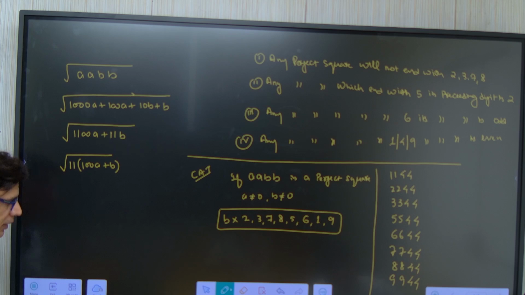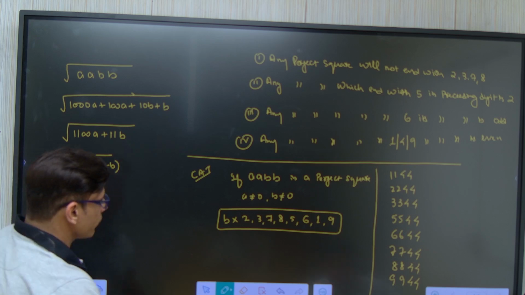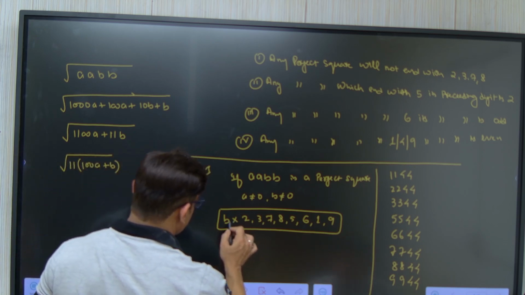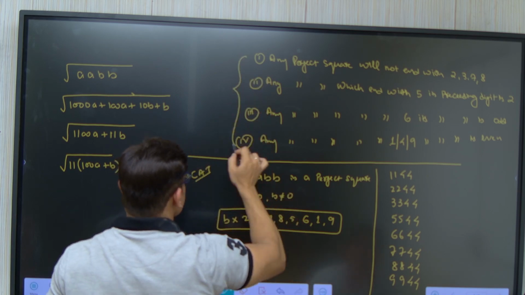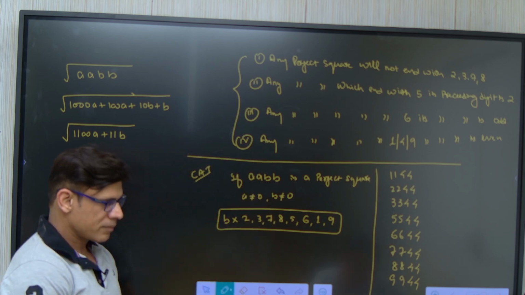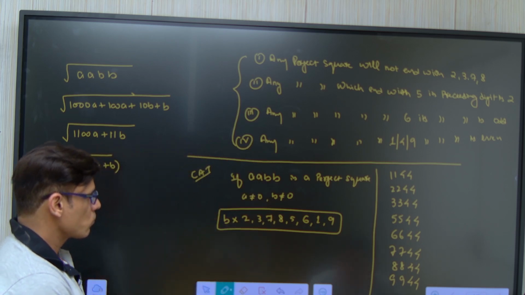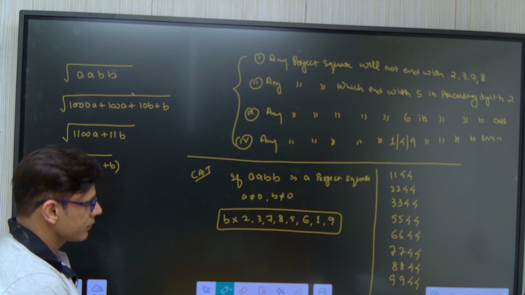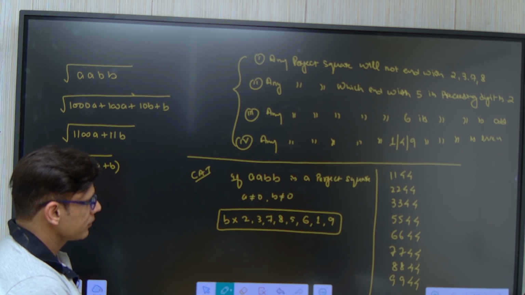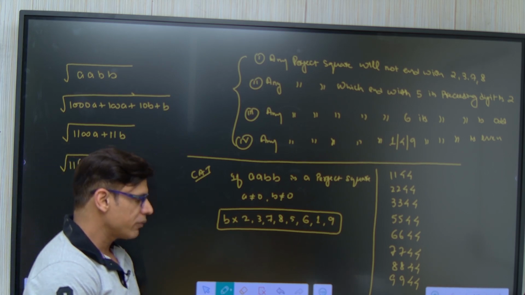Ratandeep, understood this part? Multiply नहीं किया. B cannot take these values. बेटा ये पढ़. First, a perfect square can never end with what?